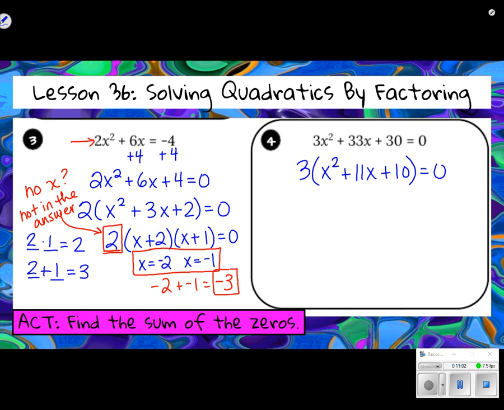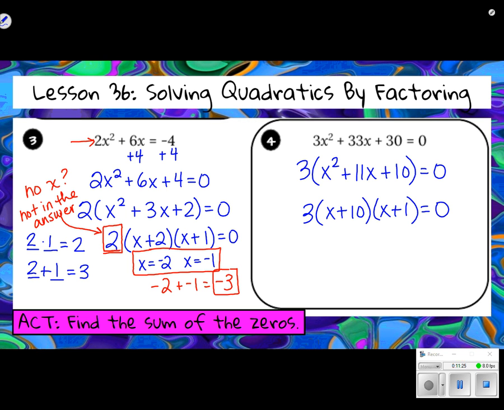I know there's a few lovers of the slide and divide. I am one of those. But if I factor out a 3, it makes my number smaller, easier to factor. Can you come up with two numbers that multiply to give you 10 and add to give you 11? They are 10 and 1.